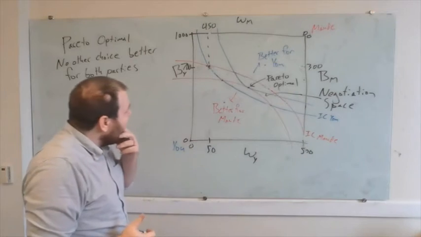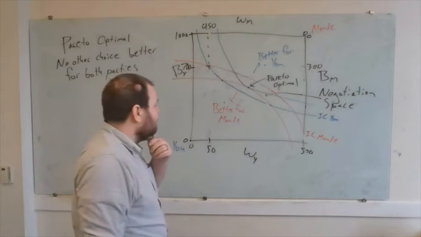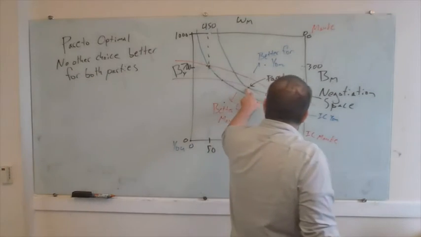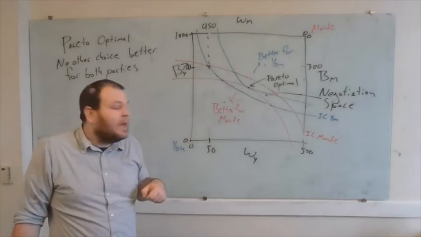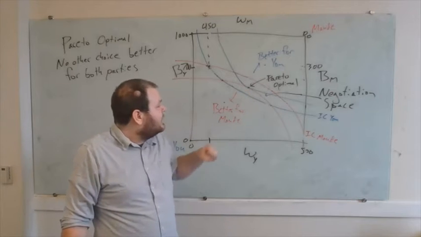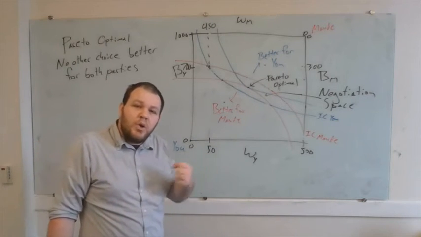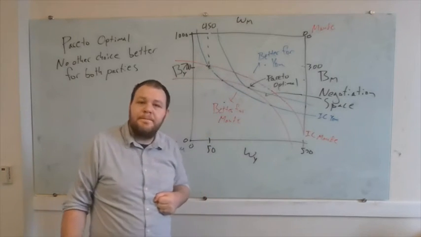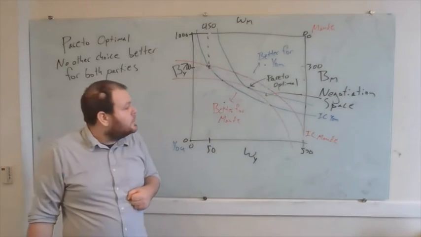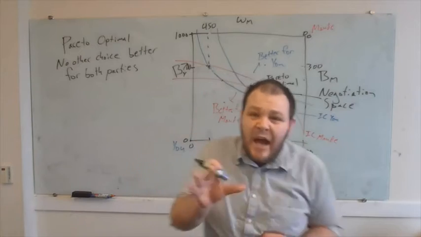Now, I have a question for you. I want you to think about something. Is this the only point that's Pareto optimal? Is this the only choice where we couldn't make you any better off without making Maud any worse off? So the answer is not really.